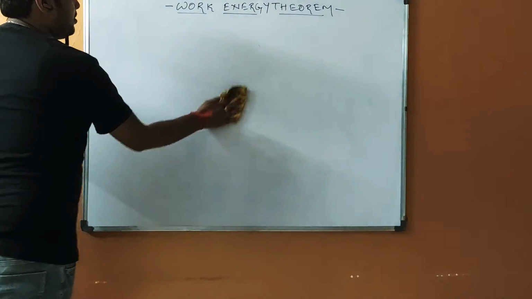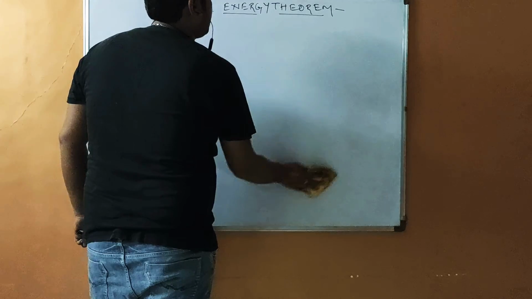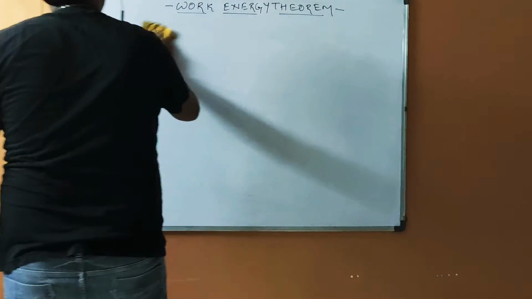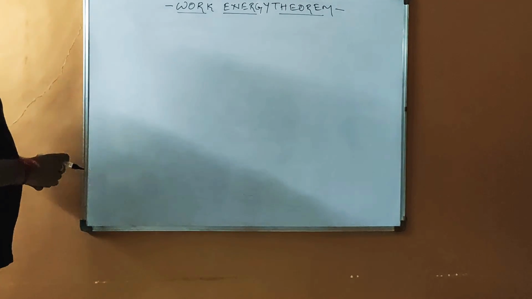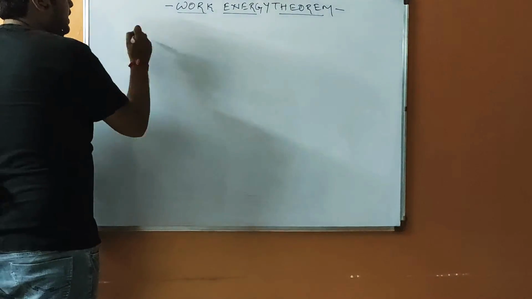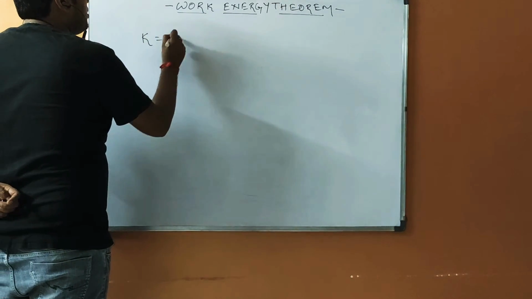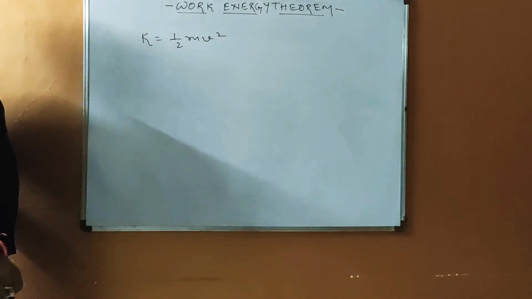Just wait a minute. Remember that equation, W is equal to the integration from xi to xf of F dx. Now see, how is the kinetic energy given? Half m v square. This is the formula for kinetic energy.